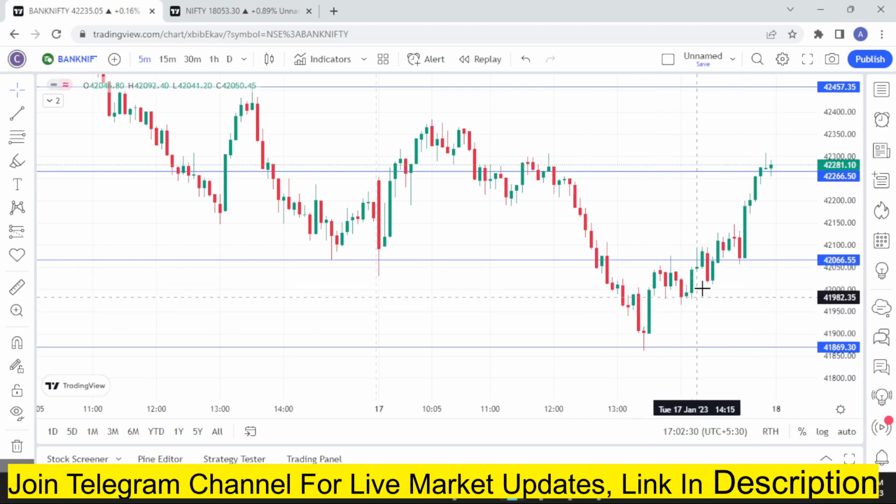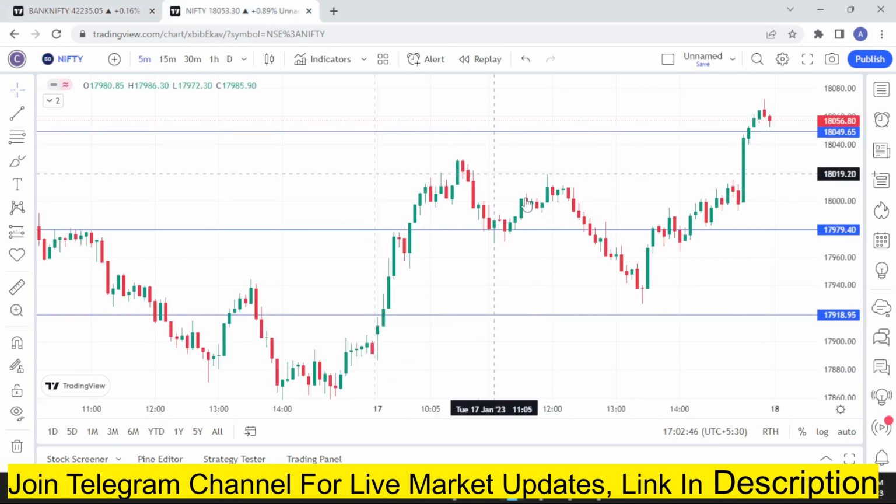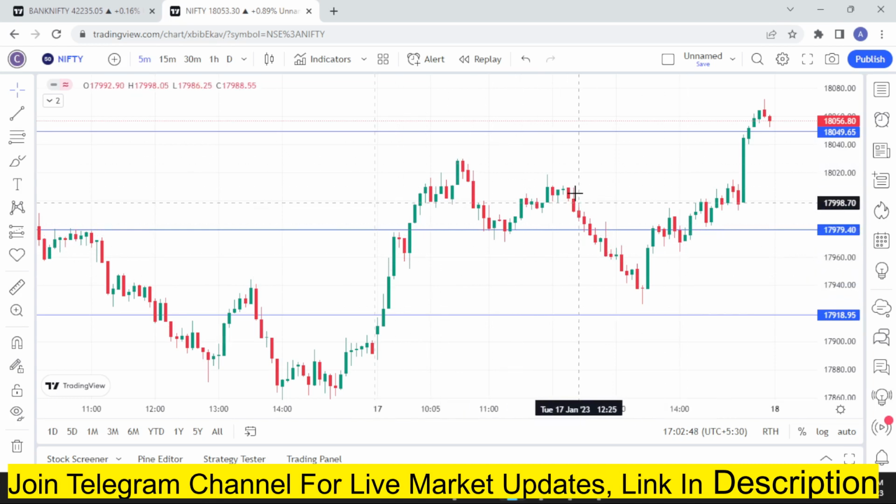We have made good money in this cup and handle pattern, and why should I risk my further capital in this risky trade? Because after the breakout there is immediately one resistance. I avoid such risky trades. Even in Bank Nifty there was this kind of cup and handle pattern, but the risk reward was not good.